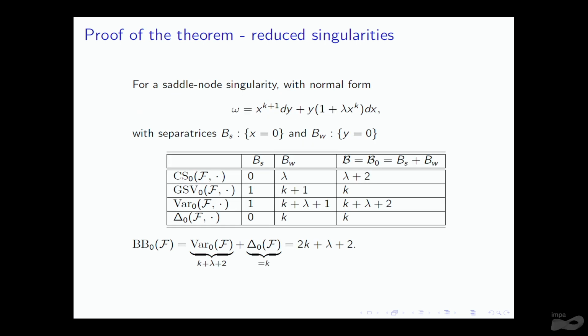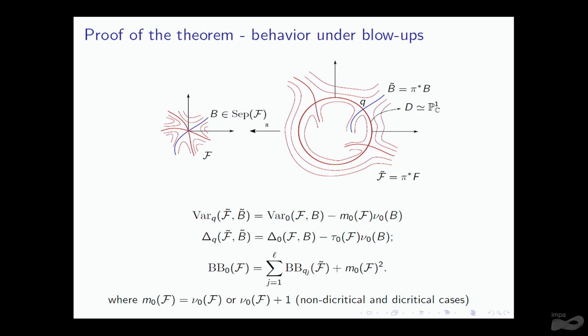For a saddle node, these indices are in this table. And we do an induction in the reduction process, because we can control how these indices behave by blow-ups. We have known formulas.